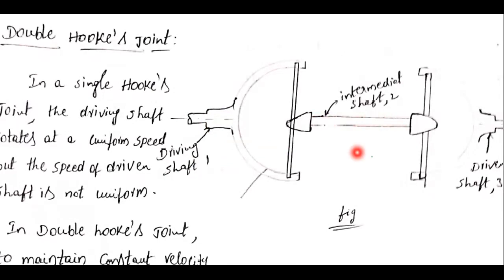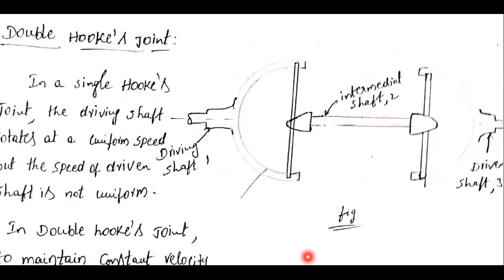When we arrange it this way, it is called a double Hooke's joint. The main use of the double Hooke's joint is to maintain a constant velocity ratio of the driving and driven shafts.